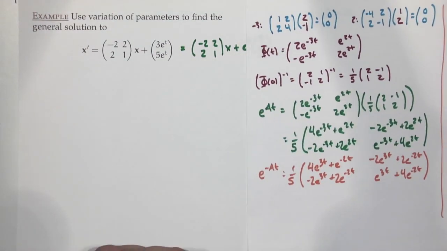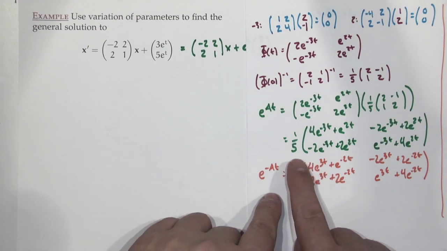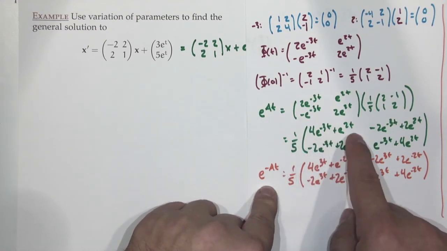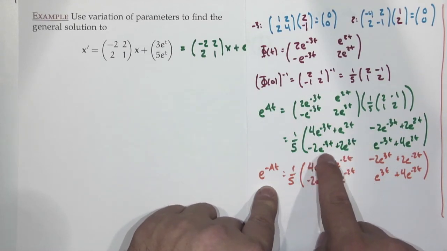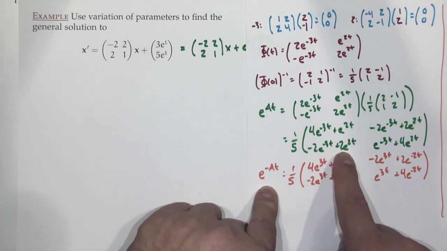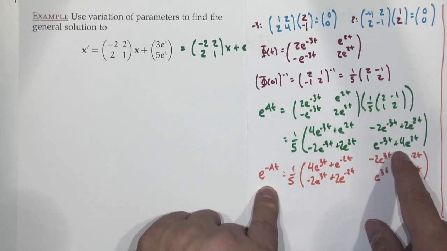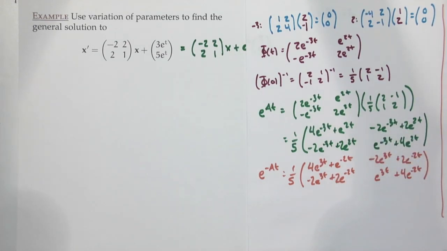Maybe we can compare. Okay, how about e to the at? I have 1/5 times the matrix: 4e to the minus 3t plus e to the 2t, minus 2e to the minus 3t plus 2e to the 2t, minus 2e to the minus 3t plus 2e to the 2t, e to the minus 3t plus 4e to the 2t. Is that what you got? Okay. Maybe.